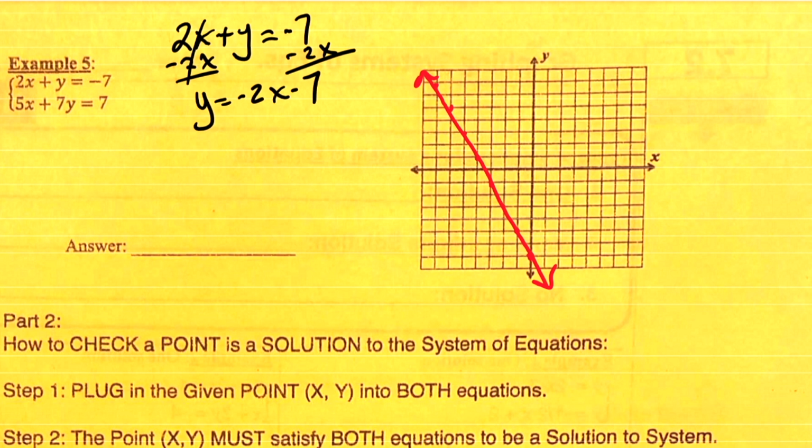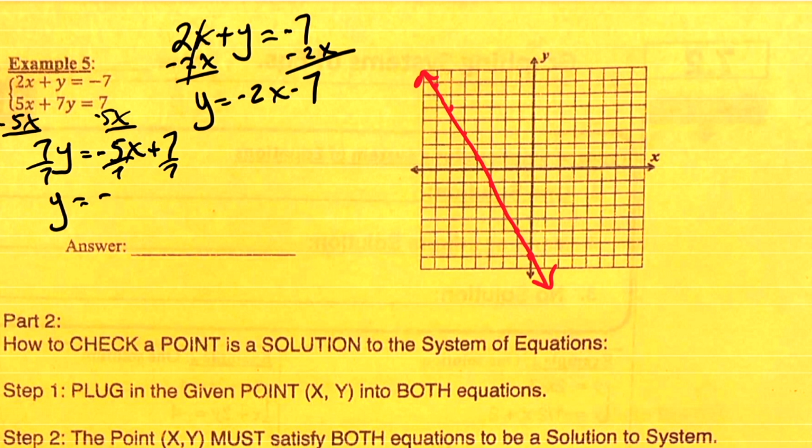And let's take our second line and take away 5x from both sides. So 7y is negative 5x plus 7. Now we'll divide by 7. Y equals negative 5/7 x plus 1. So we're going to start at 1.